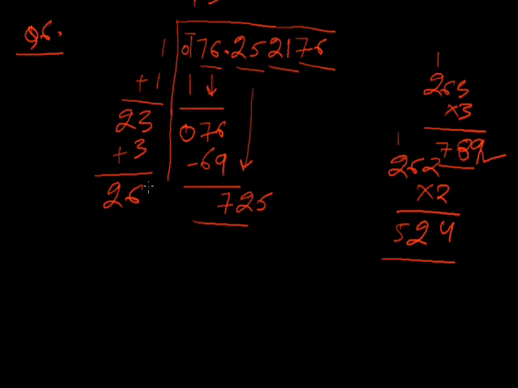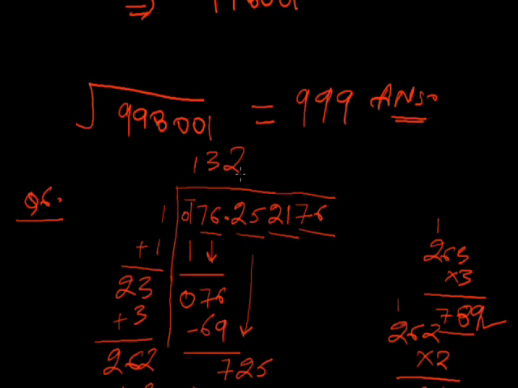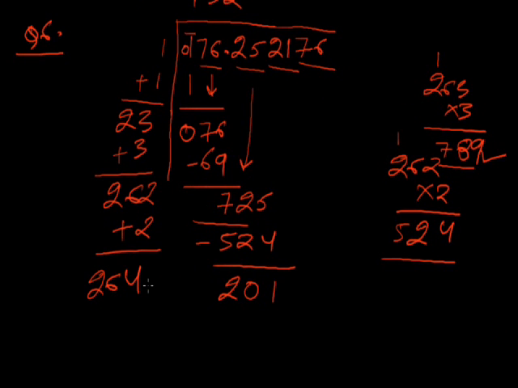So subtract with 524. We get 102. Write 2 in the quotient. We get 264. Take the whole pair downward as 21.